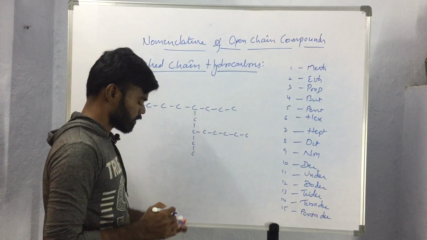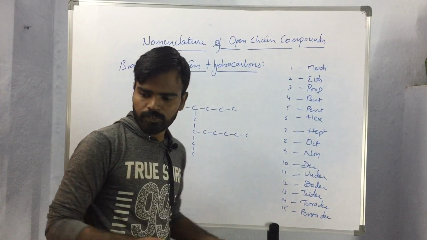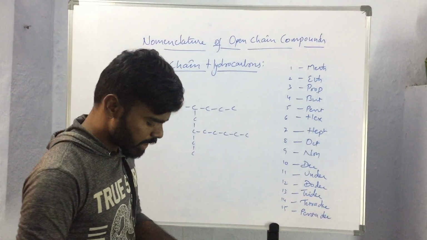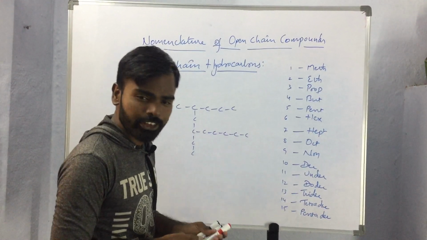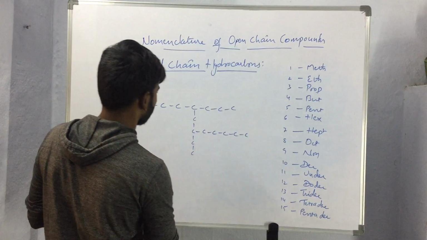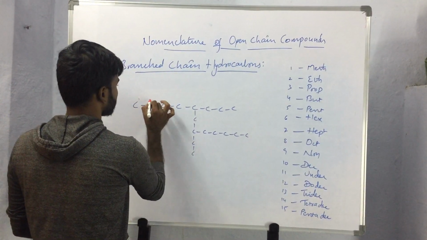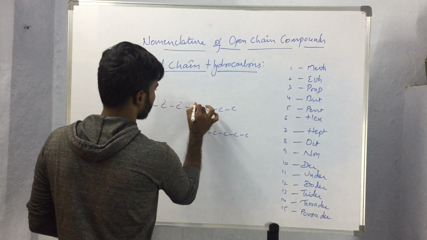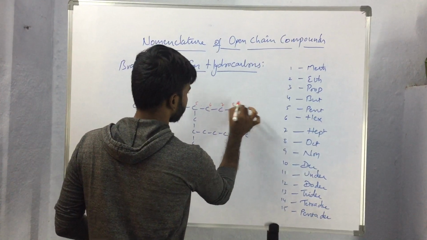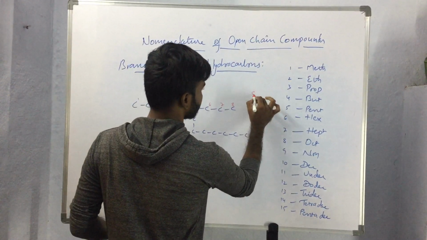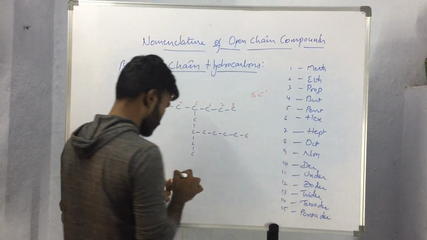In this compound, according to the first rule, we have to select the longest possible continuous chain. 1 2 3 4 5 6 7 8. So one chain contains 8 carbon atoms.